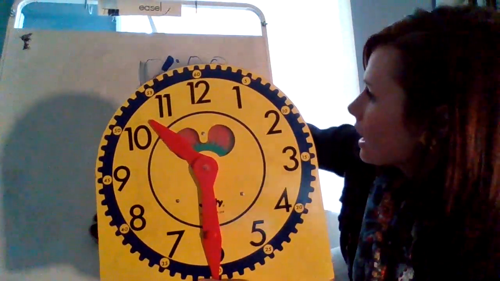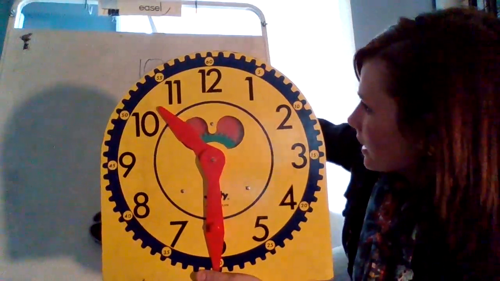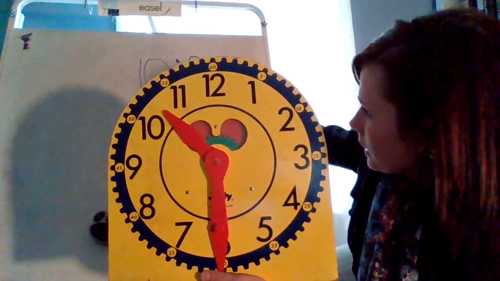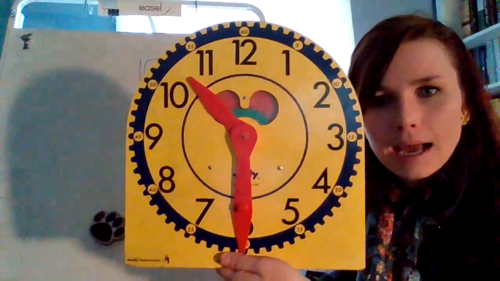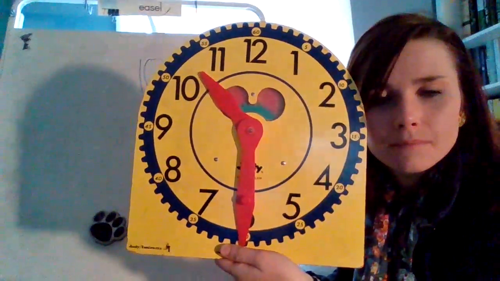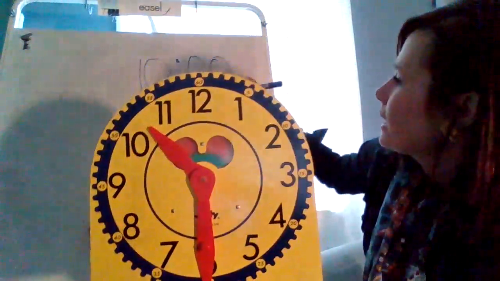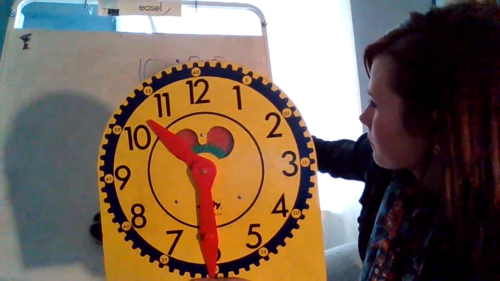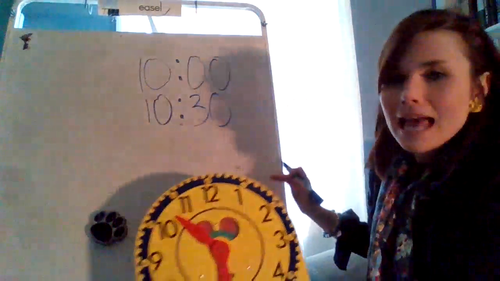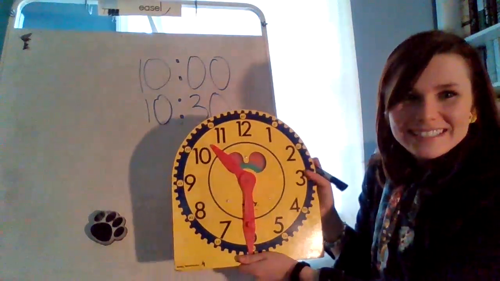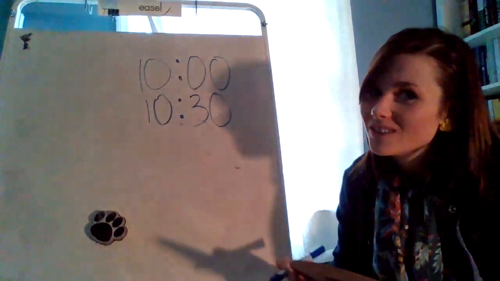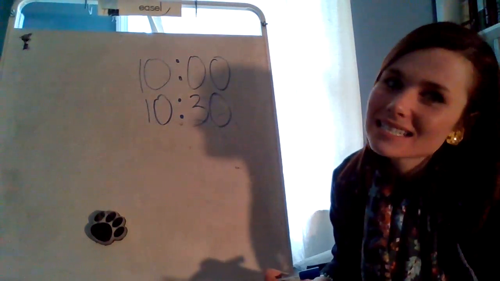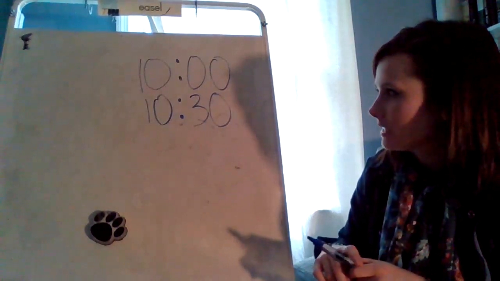So it was 10 o'clock. 30 minutes goes by. It went halfway around the circle. Now what time is it? 10:30. Nice job, boys and girls. You could also say 10:30, right? That's a fancy way to say it.